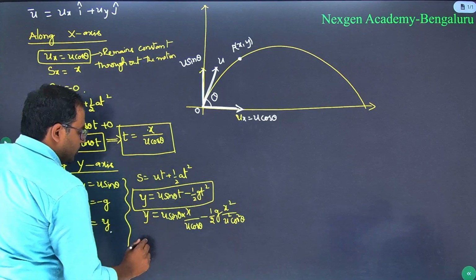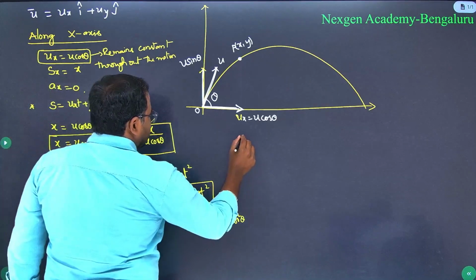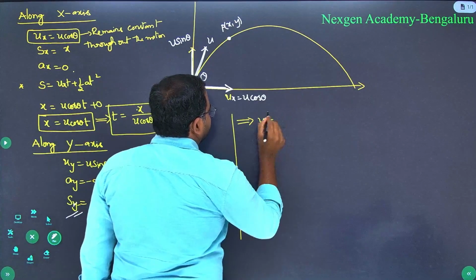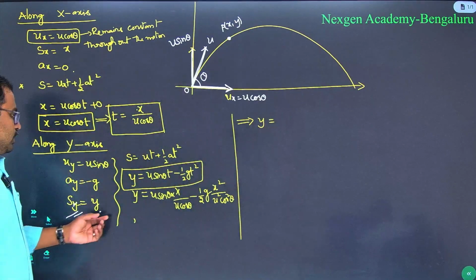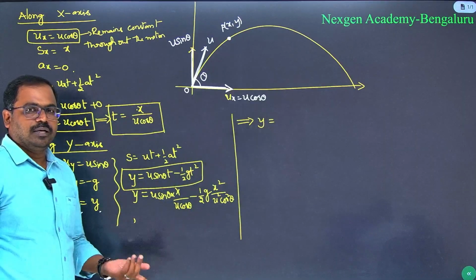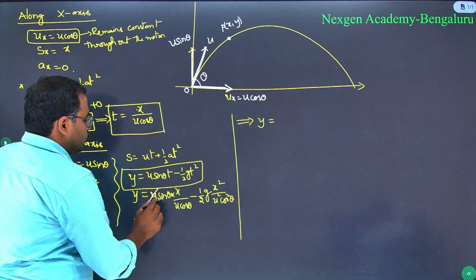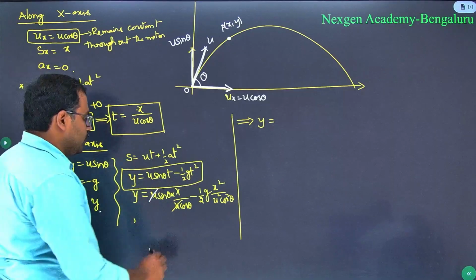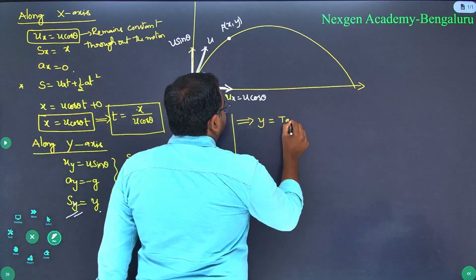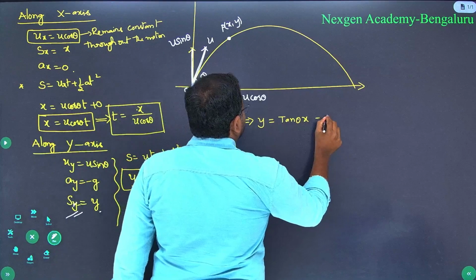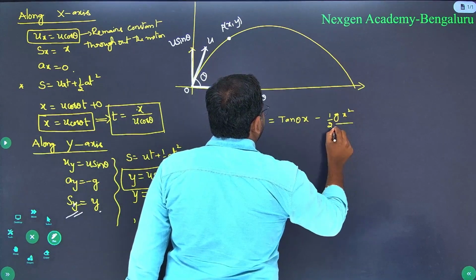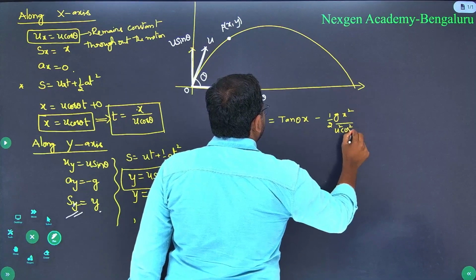Now in this formula, sin theta by cos theta is tan theta. Also this u and u can be cancelled out. What's the remaining here? y is equal to tan theta into x minus half into g x square by u square cos square theta.